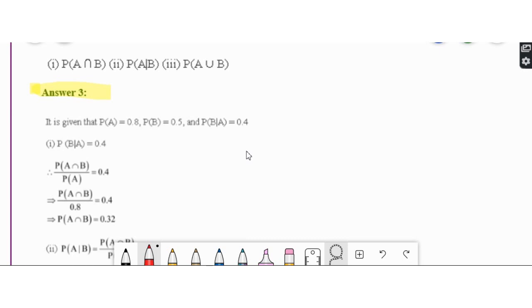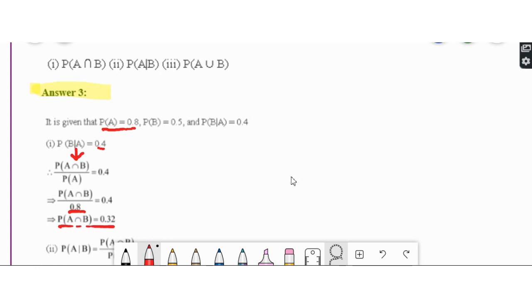P of B by A is equal to P of A intersection B upon P of A, and P of B by A is available, that is 0.4. Now P of A is given, P of A is equal to 0.8. So replace that value, so the intersection you will get directly, 0.32.